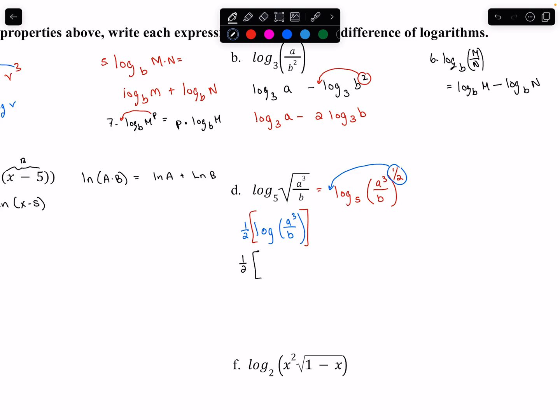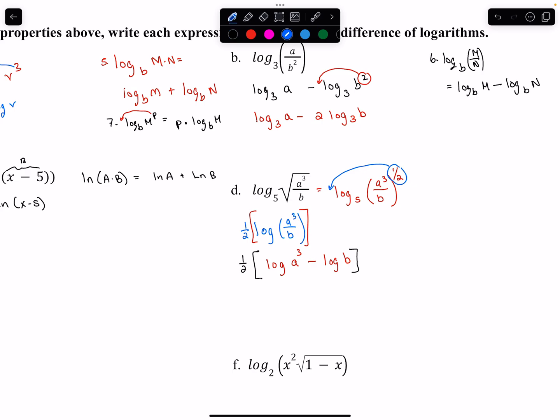So 1/2 times, well, I can break down log a cubed divided by b, and this is really just going to be log base 10 of a cubed. Division implies subtraction, and then log of b. And again, all this is still being multiplied by 1/2.